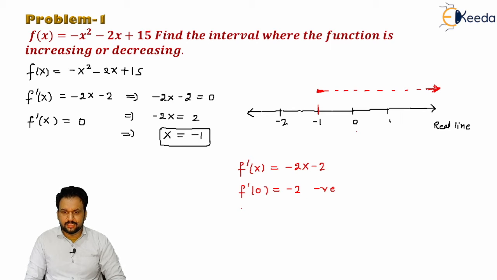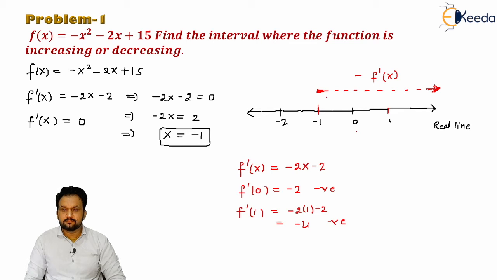Or any other point you can consider, like f dash 1, it gives you minus 2 times 1 minus 2, and here you get minus 4. This is also negative. So if I substitute any value after minus 1, like 0, 1, whatever value I take in f dash x, in each and every case your f dash x is giving you a negative value.